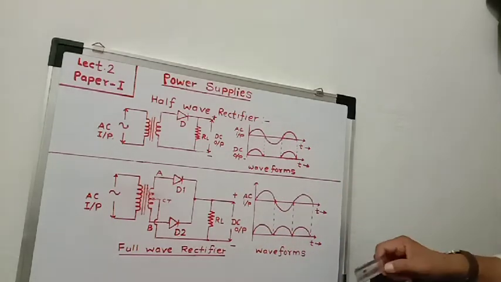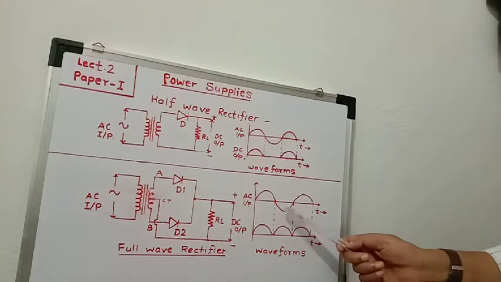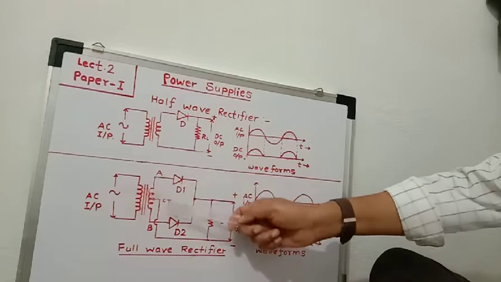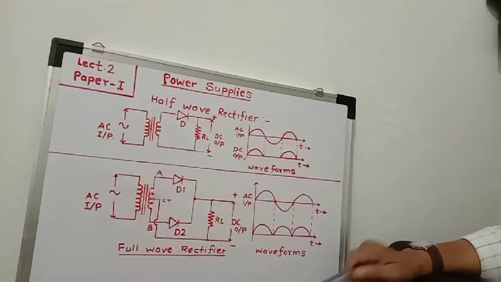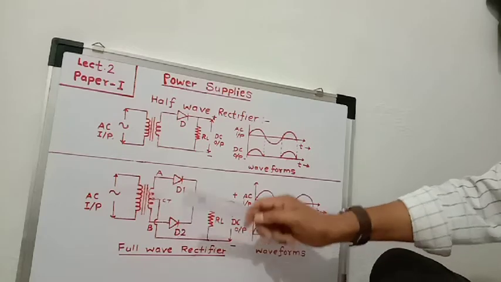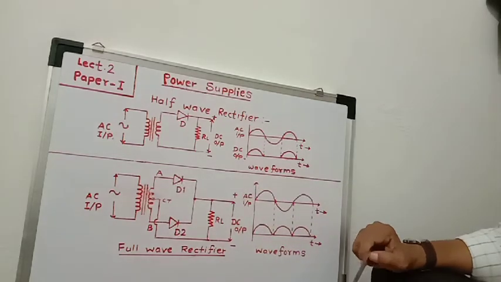Then during the negative half cycle of the AC input, terminal A becomes negative while terminal B becomes positive. Therefore, diode D2 is forward bias and at the same time diode D1 becomes reverse bias.